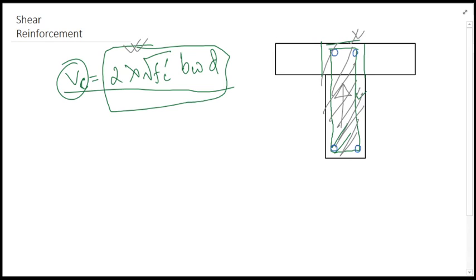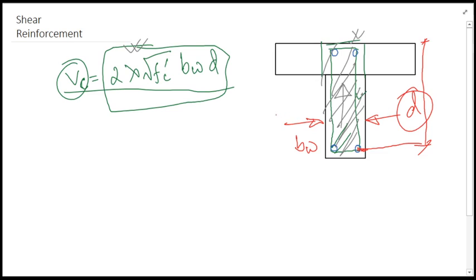So if we say the D, this D will be nothing but from the top of this up to the center of this reinforcement. That will be our D, as you know, and this width of the web will be bw, and lambda will be used as 1 for normal weight concrete.